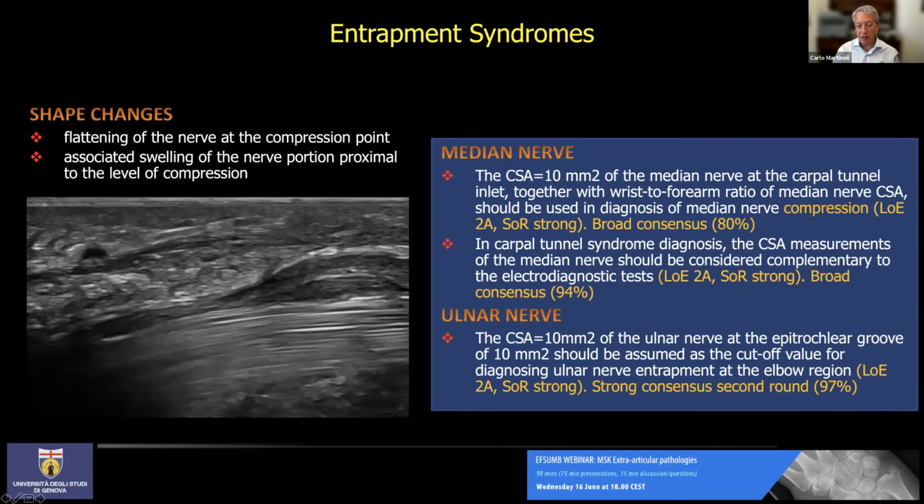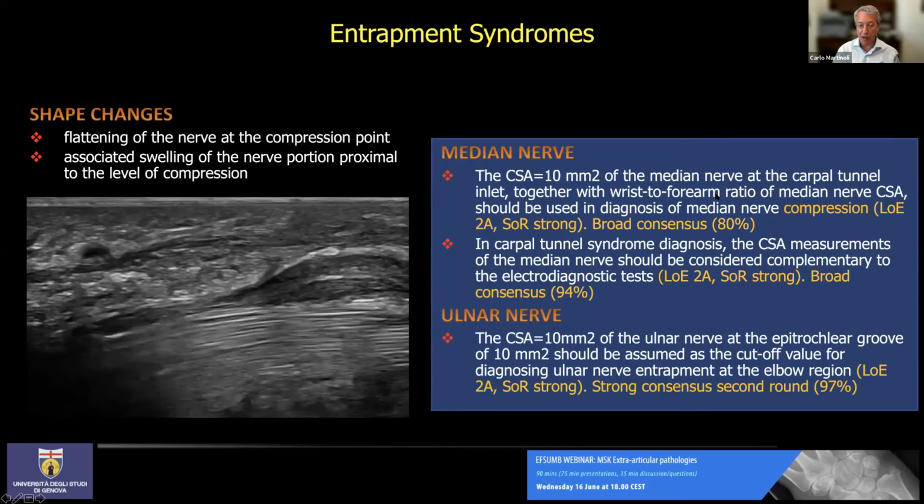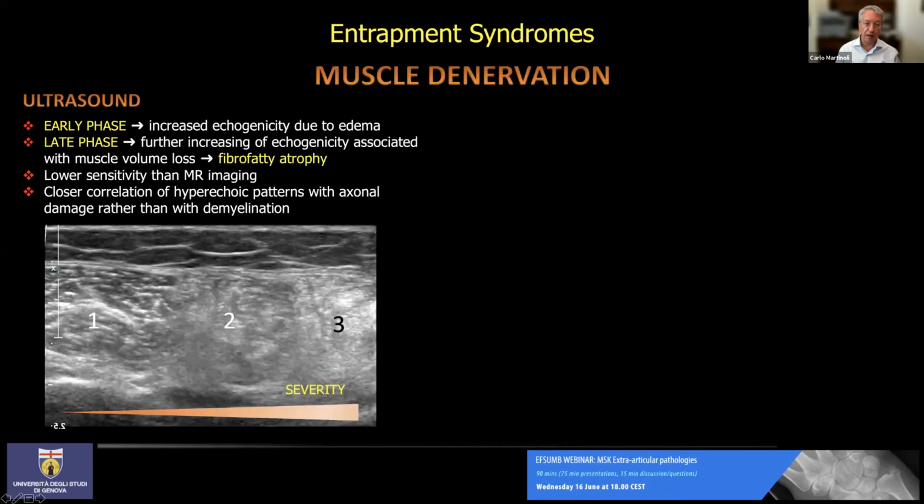This is the cutoff value for diagnosing ulnar nerve entrapment in the elbow area. If we refer to denervation of muscles, ultrasound is of course able to identify the changes in the muscle following injury or a problem affecting the function of a motor nerve.